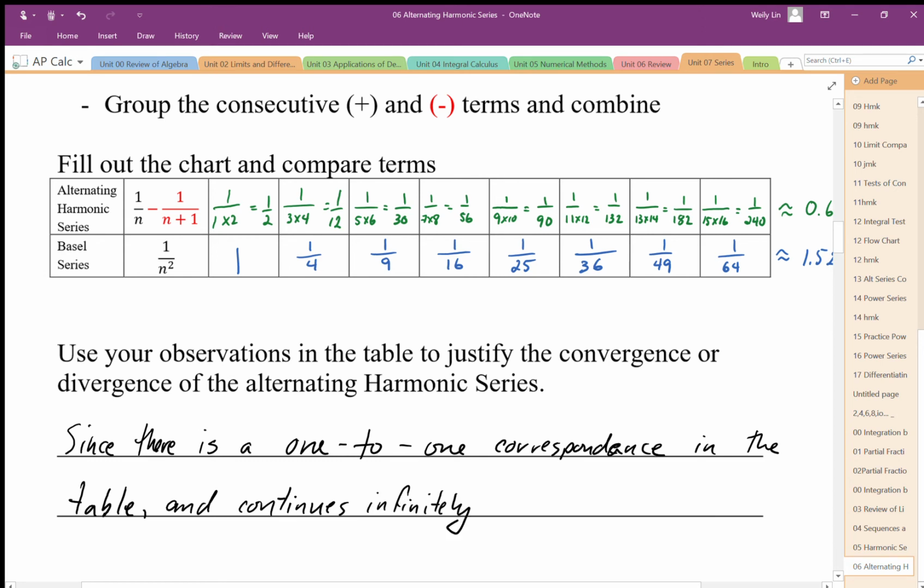Furthermore, the alternating harmonic terms are smaller, so it must converge.